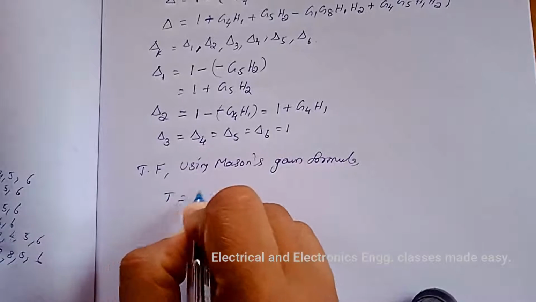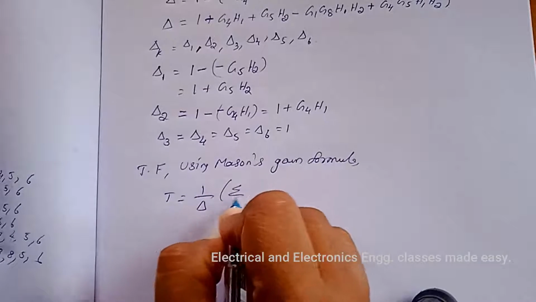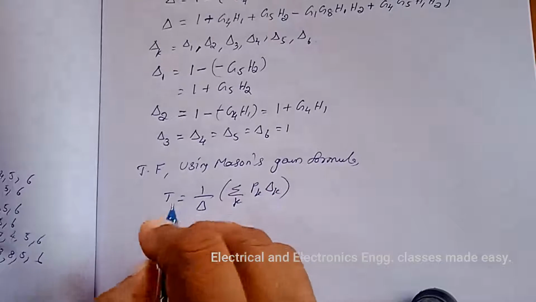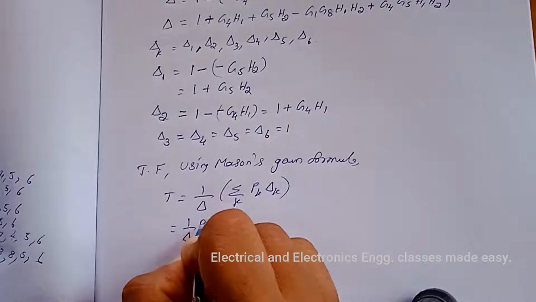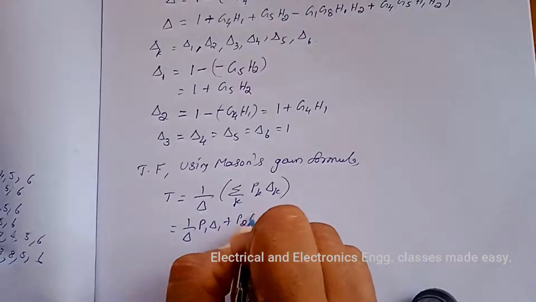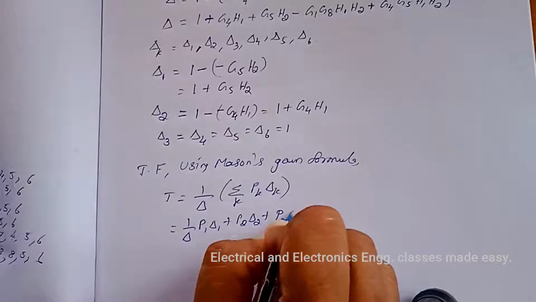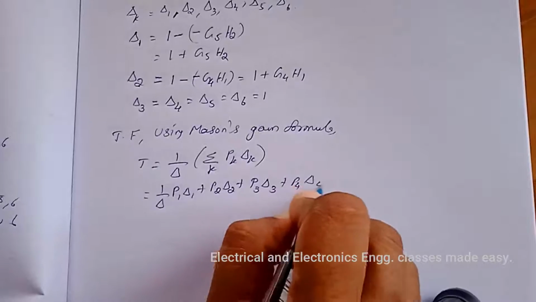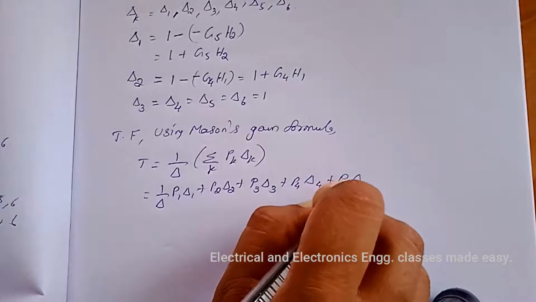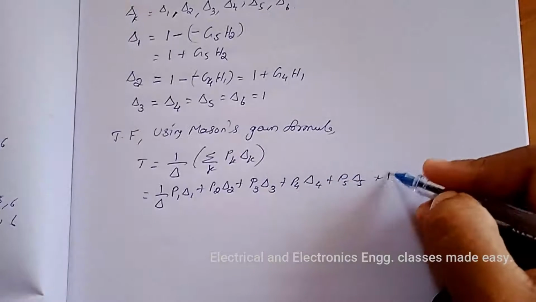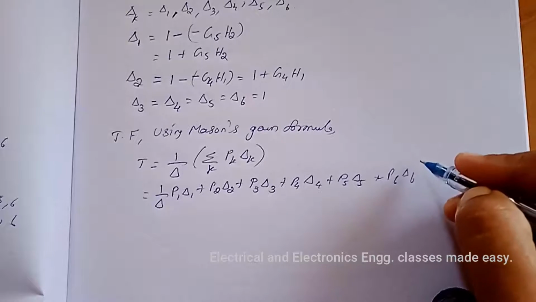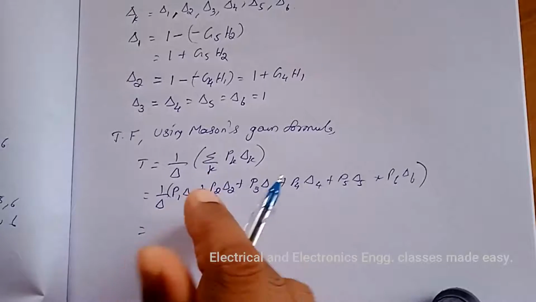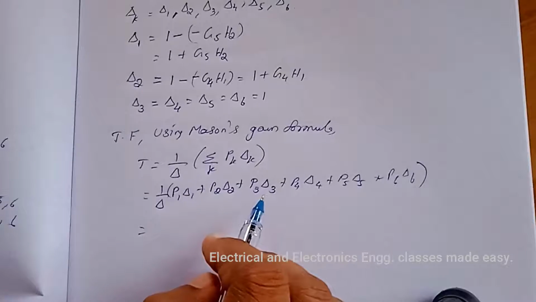That is T is equal to 1 by delta sigma k Pk delta k, and that is 1 by delta times P1 delta 1 plus P2 delta 2 plus P3 delta 3 plus P4 delta 4 plus P5 delta 5 plus P6 delta 6. Now substitute all the values.